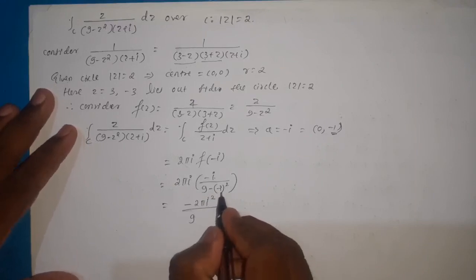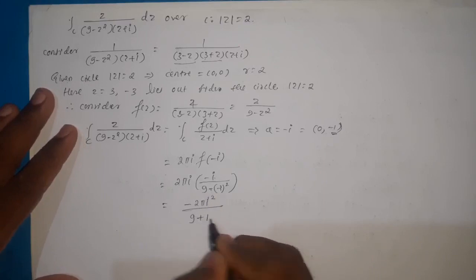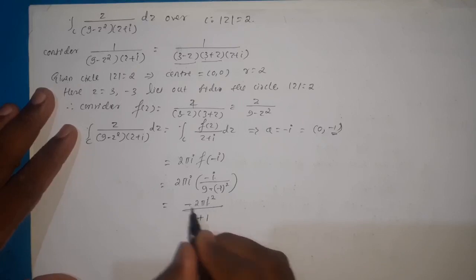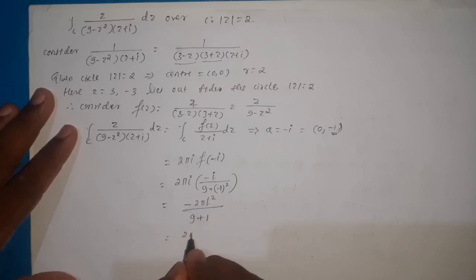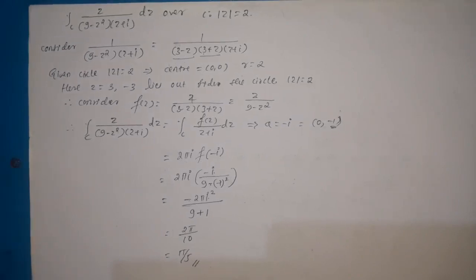The I square value is minus 1, so already minus is there, so that becomes plus 1, and here I square is minus 1, minus of minus becomes plus, so it is 2 pi divided by 10, which is equal to pi divided by 5. That is the value of the given integral.